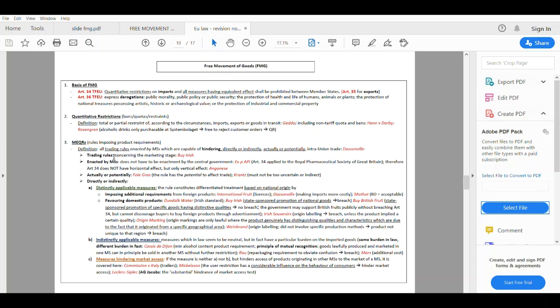Now we will consider quickly the derogation provided by Article 36 of the TFEU. Article 36 provides six grounds on which MEQRs or QRs can be justified, and those are public morality, public policy, public security, protection of health and life of humans, animals or plants, protection of national treasures, and protection of industrial and commercial property.